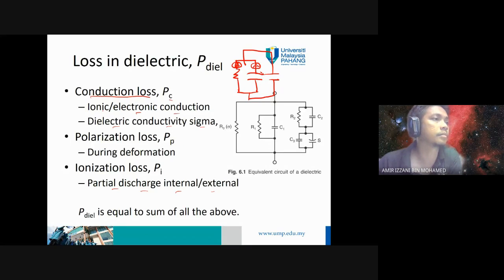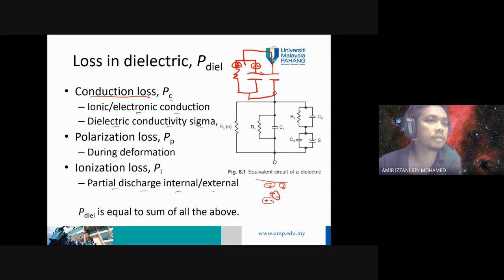Okay. Polarization loss occurs when we apply voltage to the dielectric. Initially, the molecules are not aligned: negative, positive, positive, negative, like this.